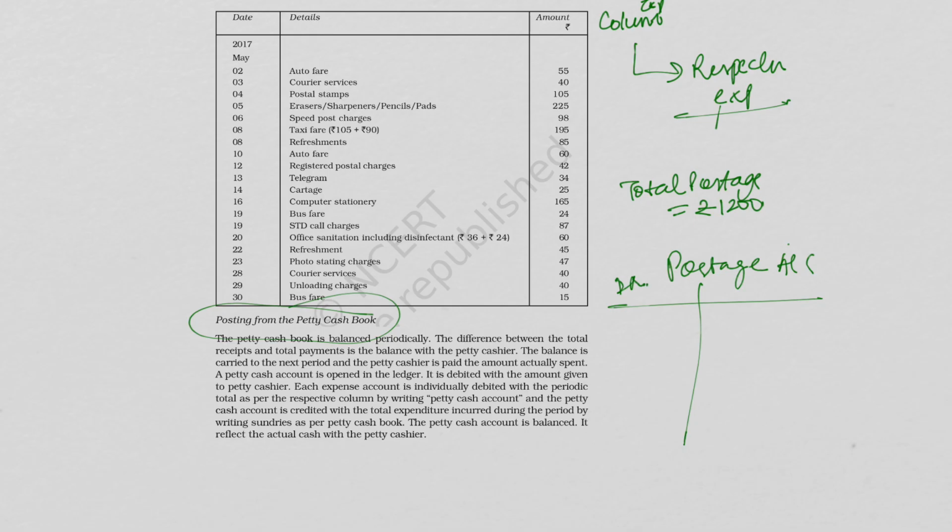So the postage account will be debited by 1200, if payment is made in cash. Then the petty cash account is credited with the total expenses. Thus the petty cash book works as both the original entry and the ledger for petty cash.